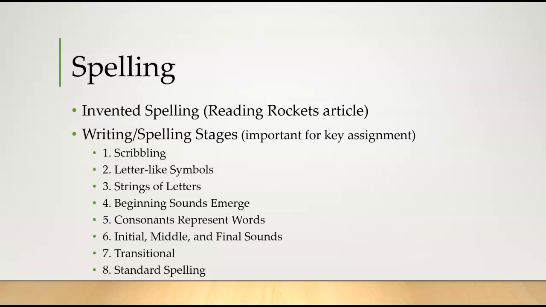I also wanted to mention the developmental stages of writing or spelling. If you look this up online or look it up in your textbooks, you can find so many different versions of this developmental stages of writing document. I found one that I like the most because I think it is the most practical, and the PDF I found has little examples. And I think this will help you the most for your key assignment where you have to do observation and analysis of children's writing.